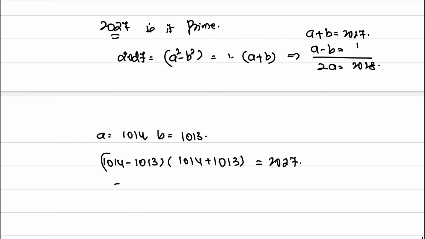Then what is a square minus b square? That is equal to 1014 square minus 1013 square. Let us see what its value will be. That is equal to 2027. Either way, we are able to get it.